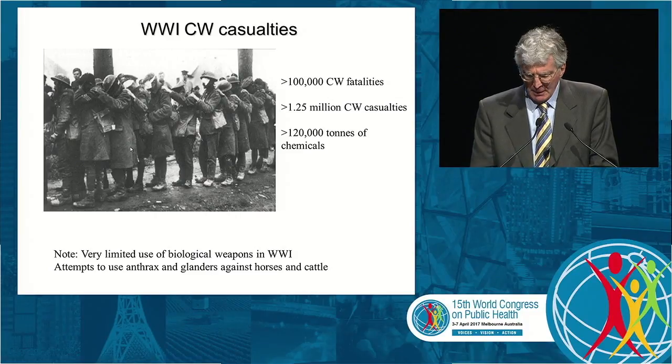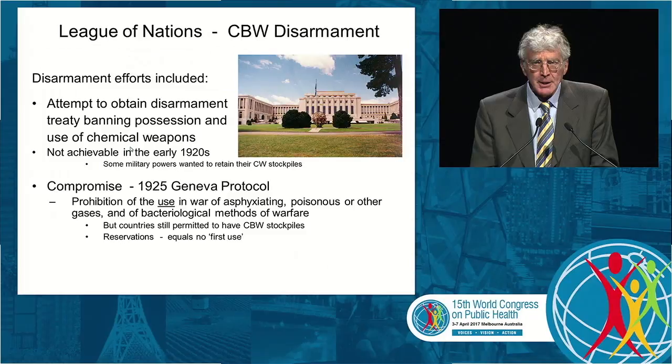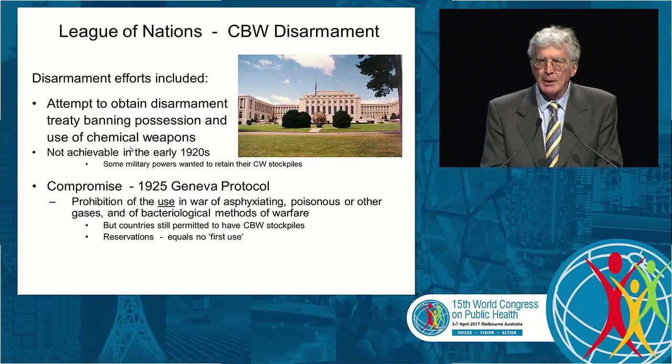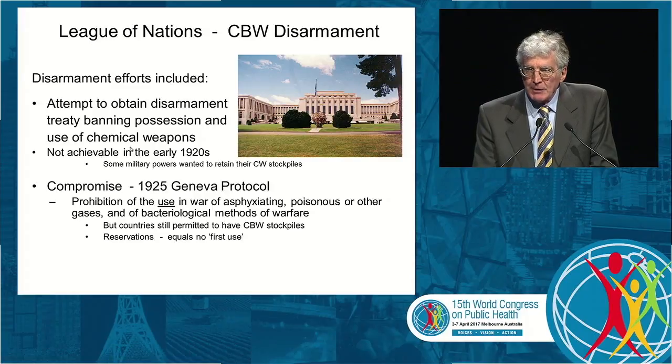And again, as Paul mentioned, in the aftermath of the First World War, there was the so-called 1925 Geneva Protocol, which was a prohibition of use of either chemical weapons or biological weapons, but no restriction on their development or stockpiling.